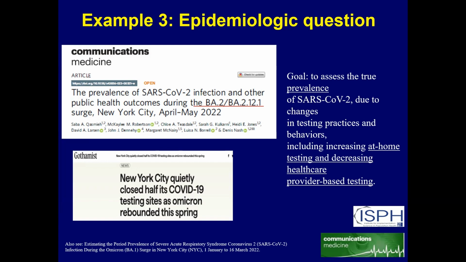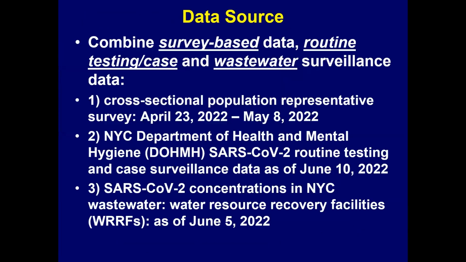They estimated the prevalence of SARS-CoV-2 infection during the preceding 14 days before the cross-sectional survey, which took place during the second Omicron surge in the spring of 2022 in New York City.